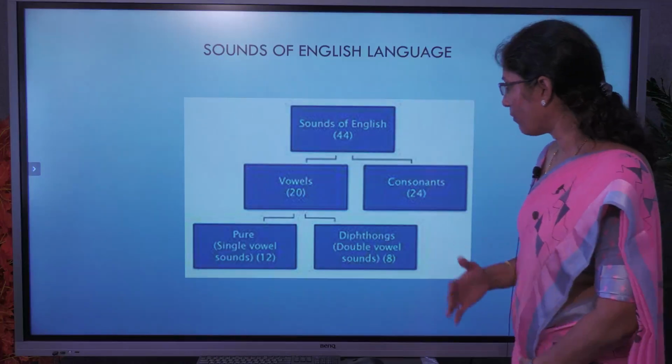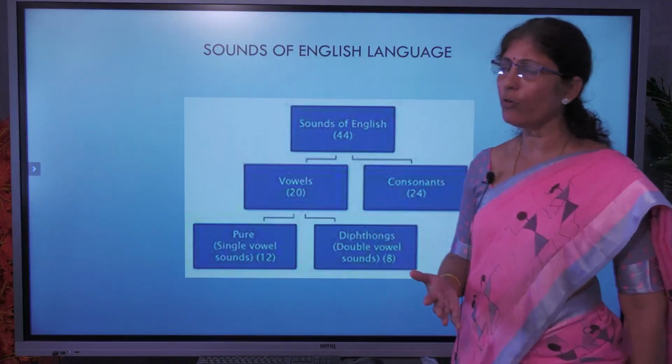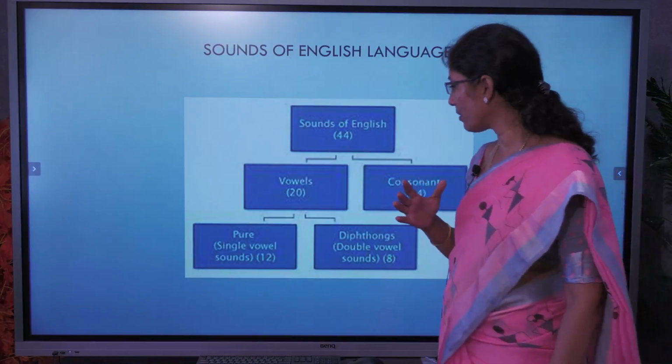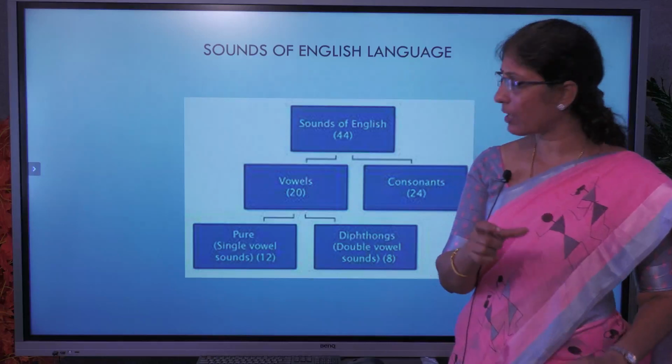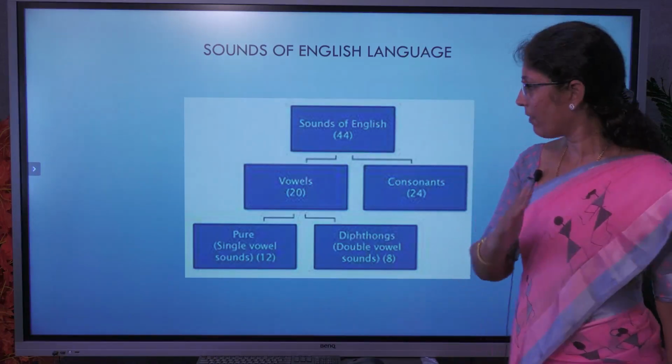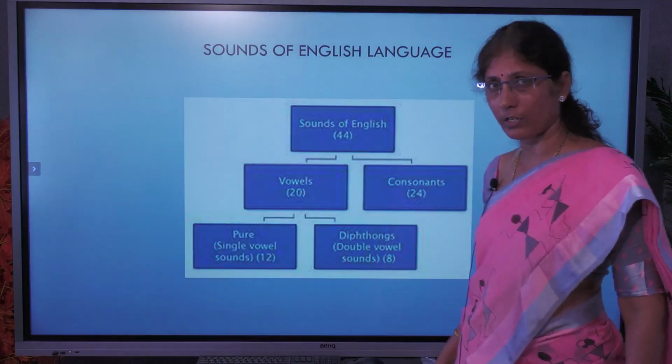Much of the theory is not needed for you. It is enough to know how each sound is produced and the symbol for each sound, because you are not going to research phonetics.